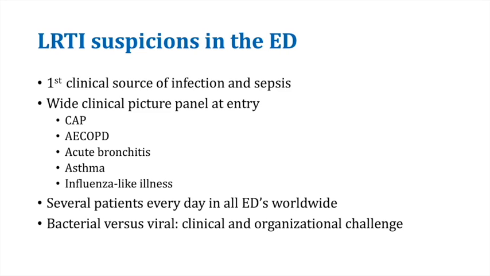We classically have four different settings: community-acquired pneumonia, acute exacerbation of COPD, acute bronchitis, and asthma. In all those LRTIs, we also have influenza-like suspicion. So LRTI represents several patients every day in all emergency departments worldwide.